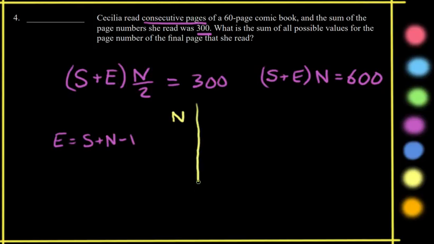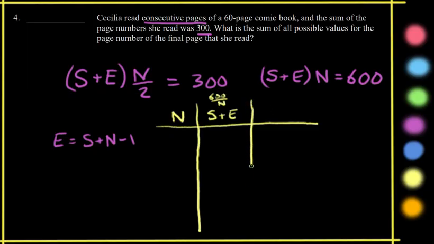Okay, and then once we know n, 600 divided by n will be the starting number plus the ending number. All right, so this is going to be 600 divided by n. And then once we know that, we can figure out the ending number based on this formula here and this formula here.